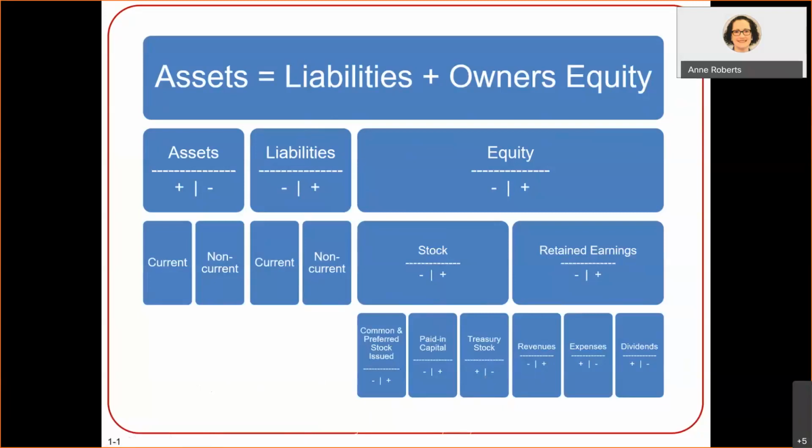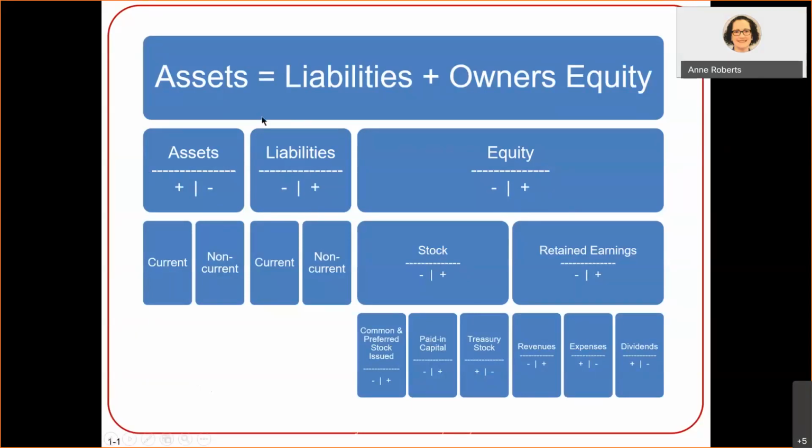Now notice what's happening. In chapter 1, we learned that assets equal liabilities plus owner's equity, right? That's the balance sheet. Now, as we break this equation down, we've got assets, we've got liabilities, and we've got equity.